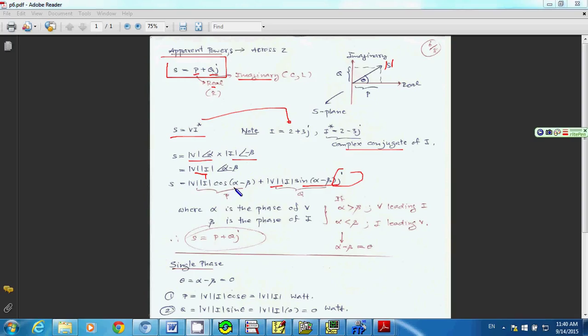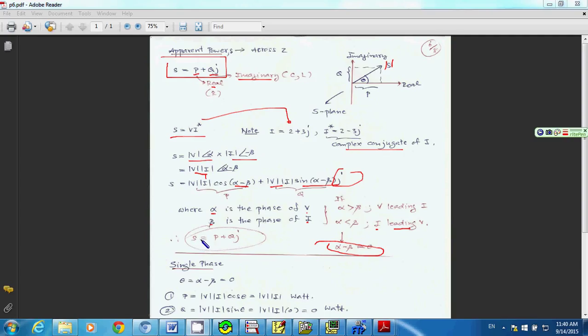So as I mentioned earlier, alpha is the phase of voltage, beta is the phase of current. So you take a look at alpha minus beta. If alpha minus beta gives you a positive number, right? So that's what we call V leading I. But if alpha is less than beta, I is going to lead V. Okay, so alpha minus beta equal to phi.